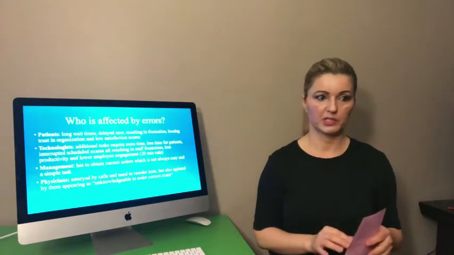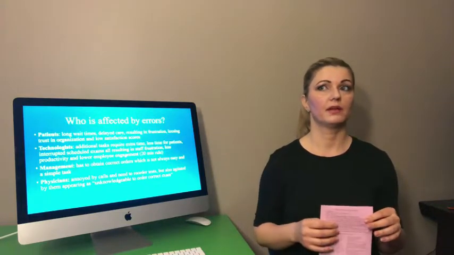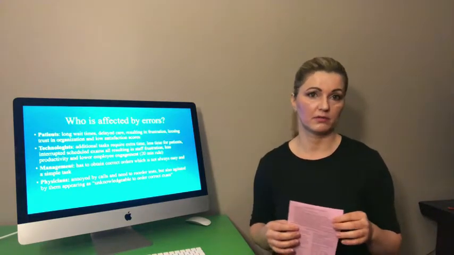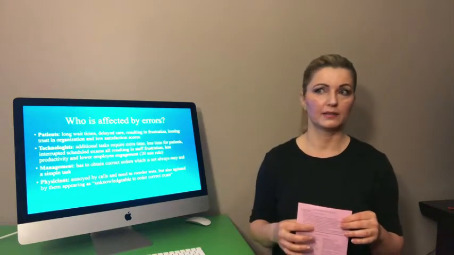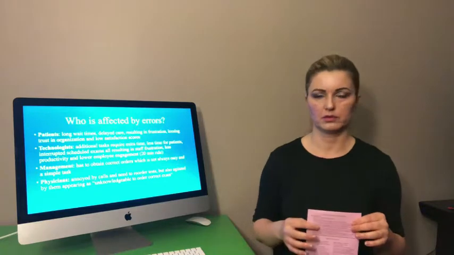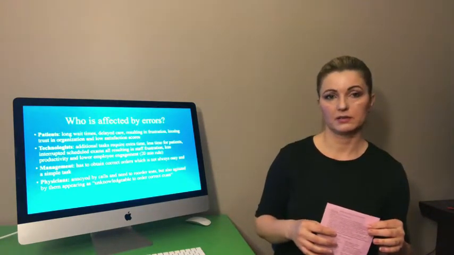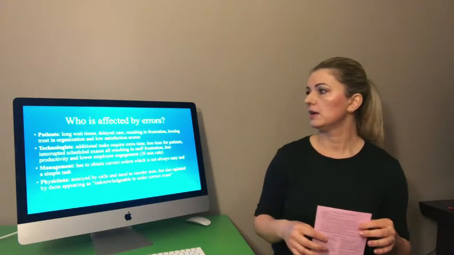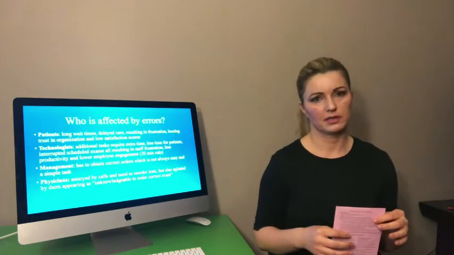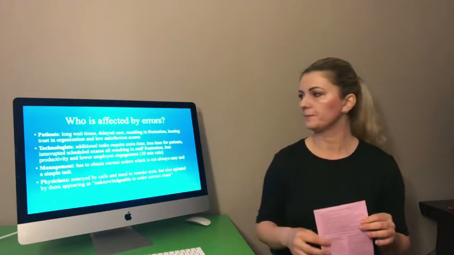So when we have a patient who's waiting, who took a day off from work, and we tell them, I'm sorry, I cannot do your exam because you have a wrong order, what can we expect? That patient is frustrated, they're mad, they don't understand what's wrong with the order. So it's mostly affecting them. It's delaying patient care. Sometimes time is very crucial in many of those exams. And they're losing trust in our organization, because how come this is happening?